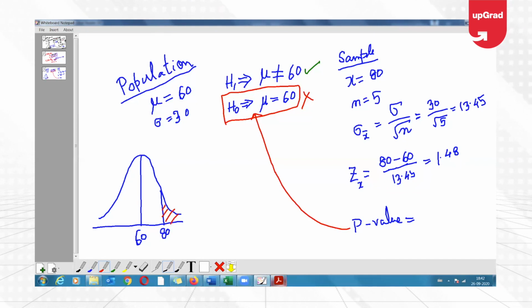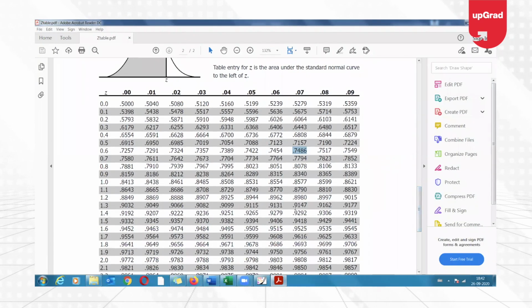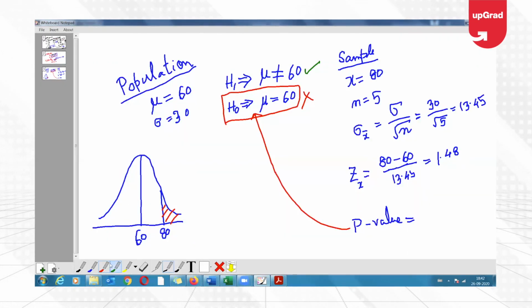So if I go and find out 1.48, so 1.48 is 0.93, which is this side. So if I have to calculate the other side, this is 1 minus 0.93, which means 0.07. That's my p-value.